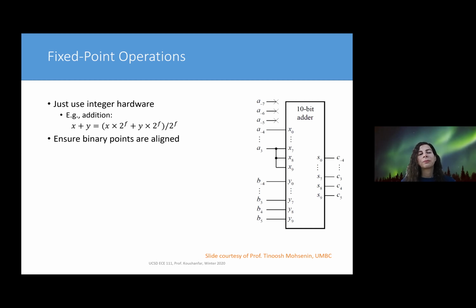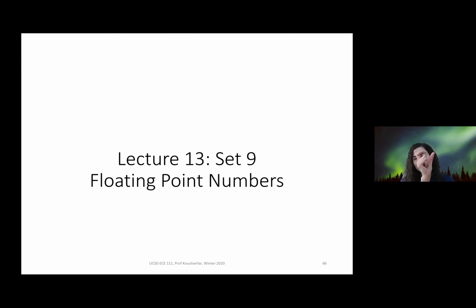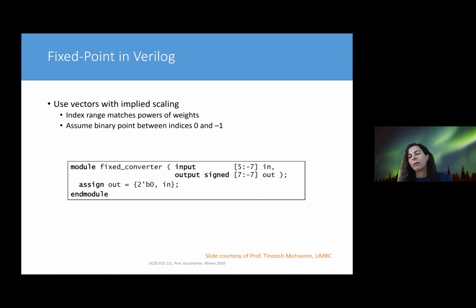In order to do these fixed point operations, it's best if we just use the integer hardware, so we don't need to define new hardware. And as I said, in the two's complement system, you could easily do these operations as before, so it doesn't really impact that representation, or the place where you agree on putting that floating point, or the agreement that we have for the range.